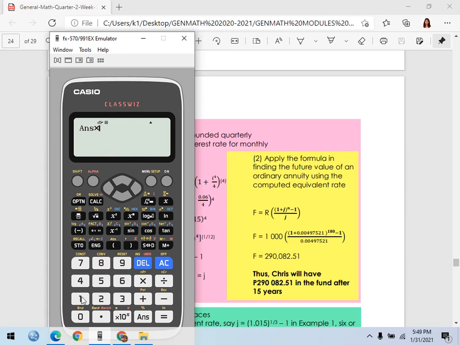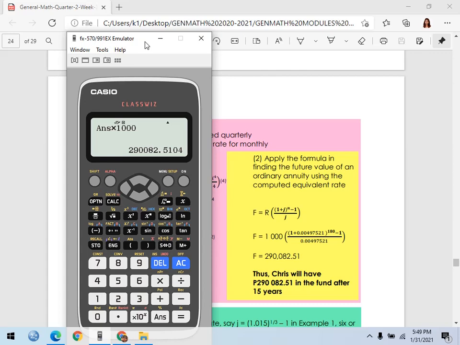And lastly, times 1,000. Okay, so we have 290,082.51. So that will be the fund after 15 years.